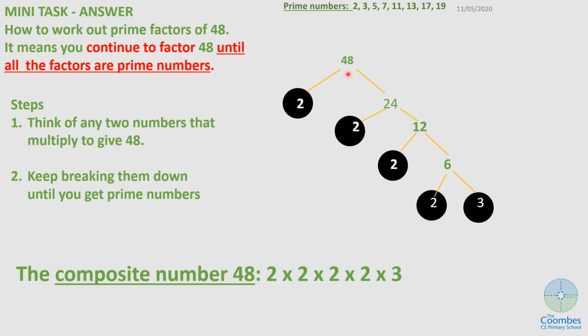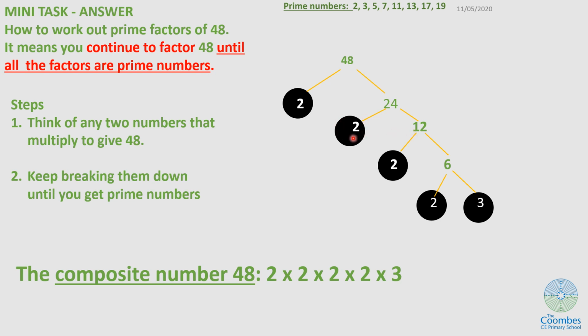Yes, I know half of 48 is 24, so 2 times 24 will give me 48. 2 is a prime number, 24 is not. And I'll ask myself again, can 2 times any number give me 24? Yes. I know half of 24 is 12, so 2 times 12 will give me 24.